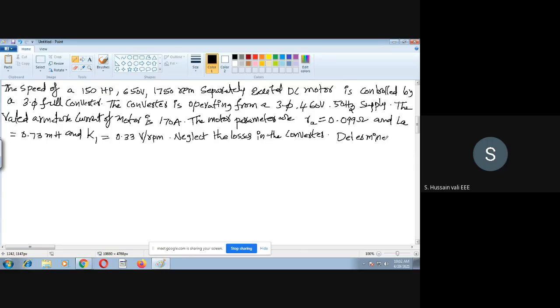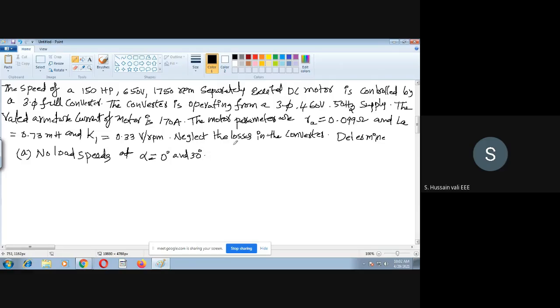Now what you have to determine is the no load speeds at alpha equal to 0 and 30.